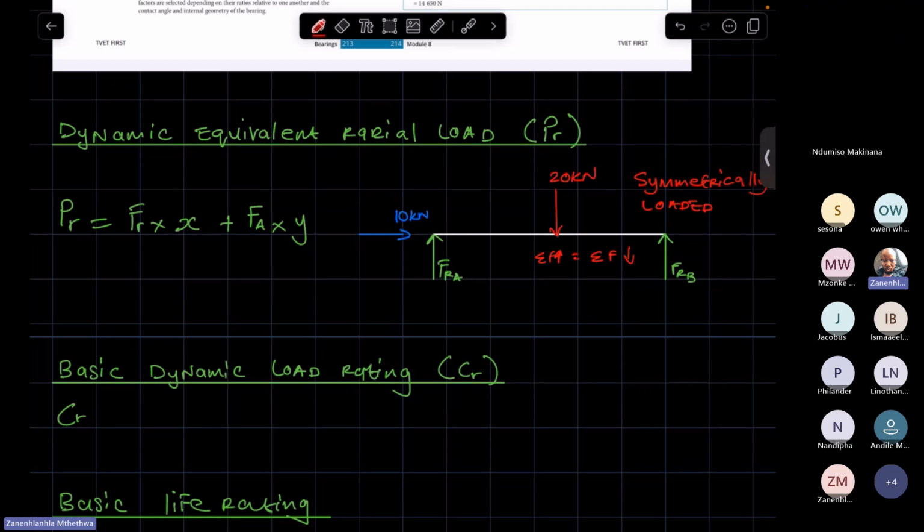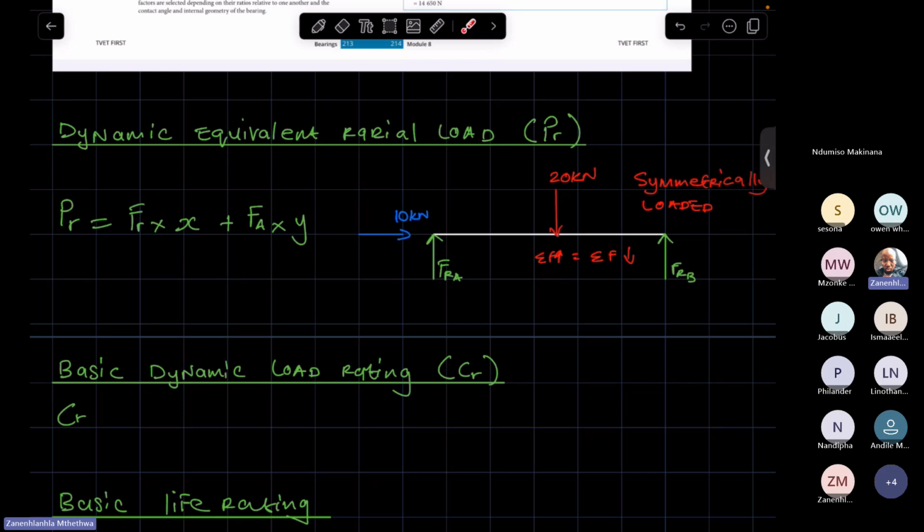Since the load is at half the distance of the shaft, and the shaft is simply supported, this bearing will support half of this load, and this bearing will support half of this load.